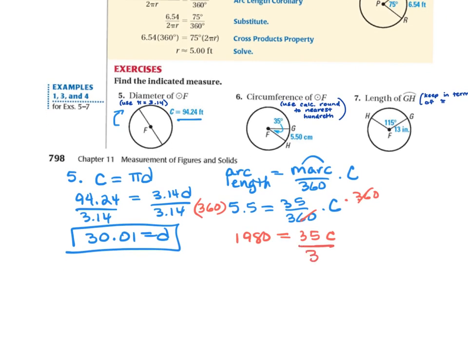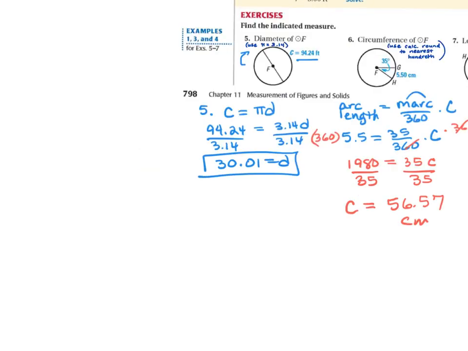Divide both sides by 35. And your circumference is equal to 56.57 centimeters. Over here, on this one, these were feet.